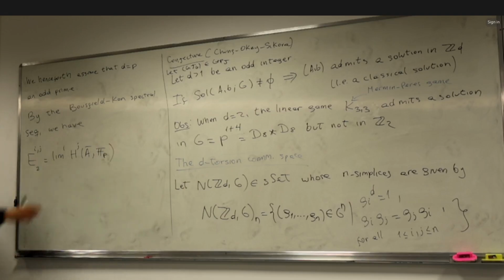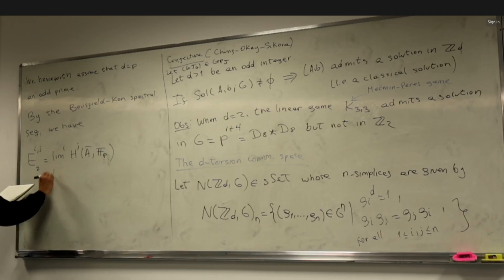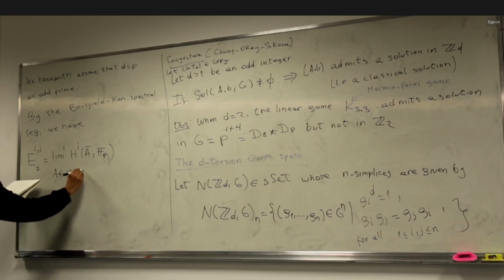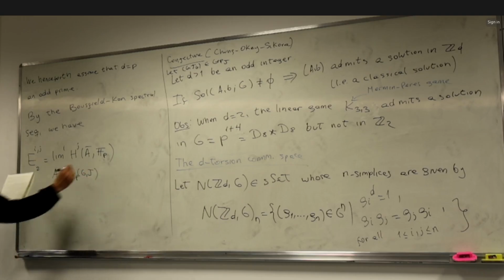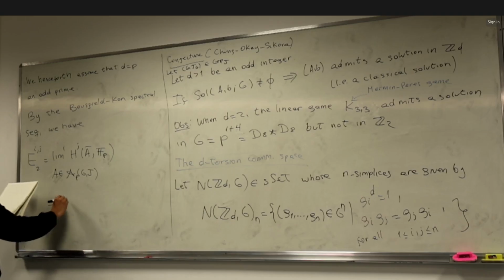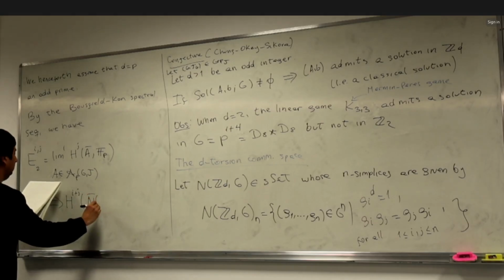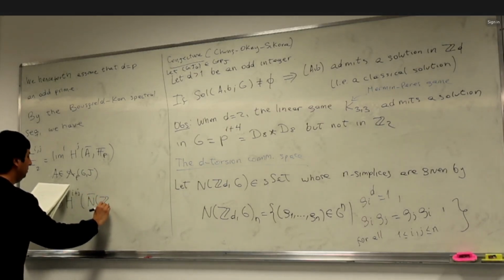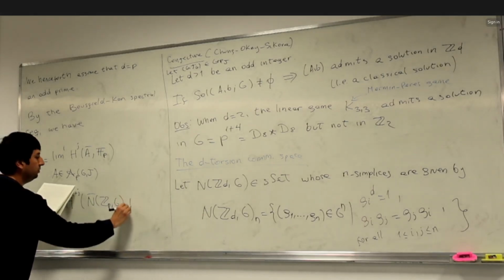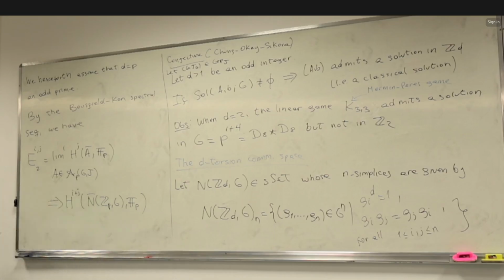Now, instead of Z mod p, I just write F_p because it's a ring. Well, it's a field, in fact. Now, A belongs to this poset of J, G. This spectral sequence converges to the cohomology of this simplicial set, the quotient.